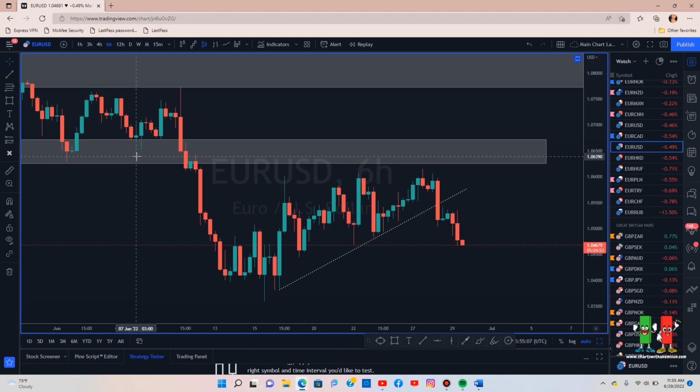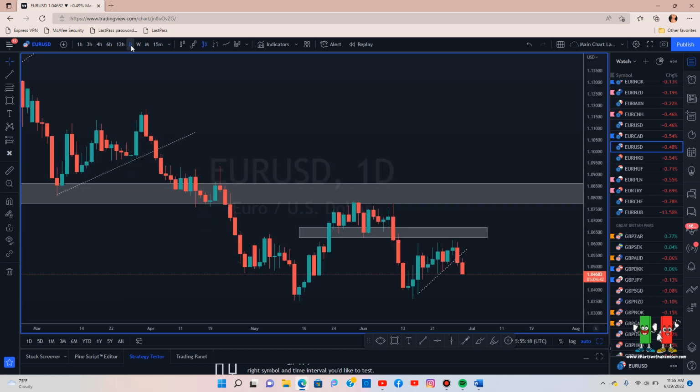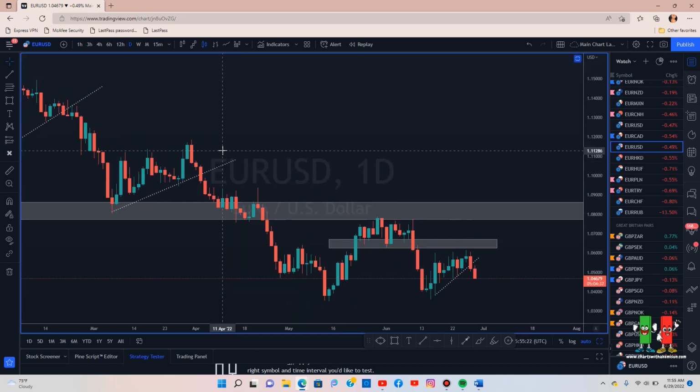So if you're following the Euro USD and you got in yesterday, congratulations. I know you're in profit right now, and this is where you're going to ride your trend down until it gives you the signal to get out. Sometimes this can be very tricky for people, understanding where to get out.